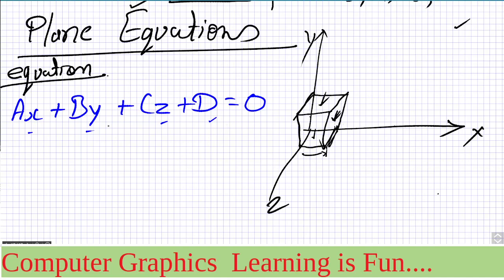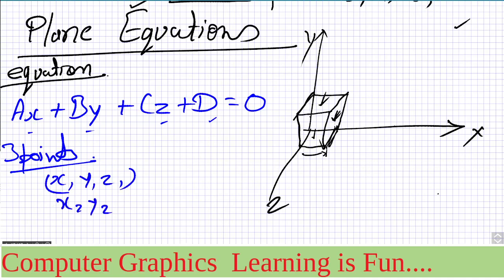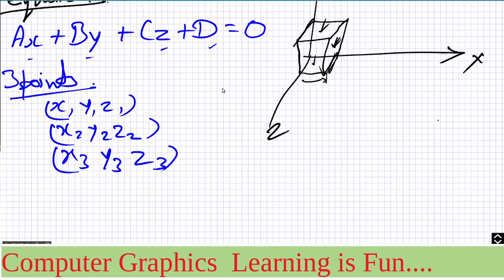Suppose these 3 points are given. Since it is x, y and z, you need 3 points, right? So if the 3 points are given, x1, y1, z1, x2, y2, z2 and x3, y3 and z3, in that case what you can do?